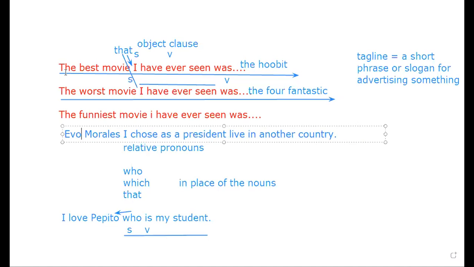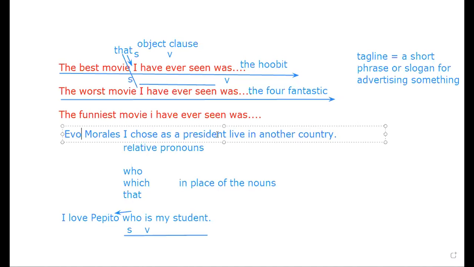It's similar to the best movie I have ever seen. Evo Morales, I chose as a president a year ago, 2 years ago, 3 years ago, lives in another country. It's possible. That is the characteristic of this relative object clause.